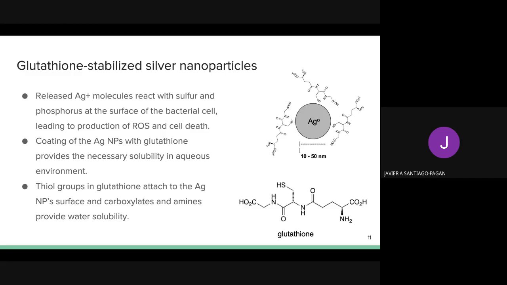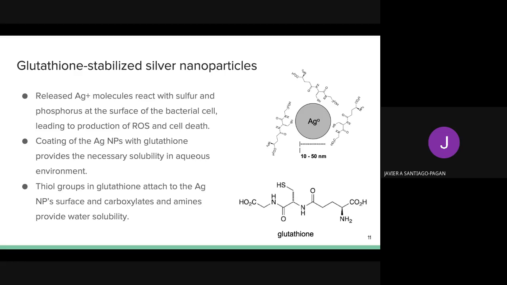Okay, so in the paper they mentioned this glutathione coating as a coat to make the nanoparticles more soluble in water. But they don't mention the glutathione molecules being part of the ROS production.